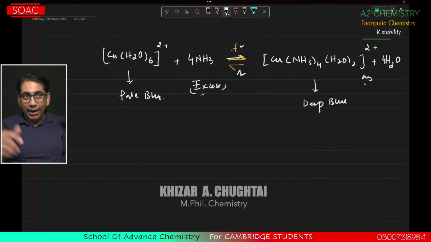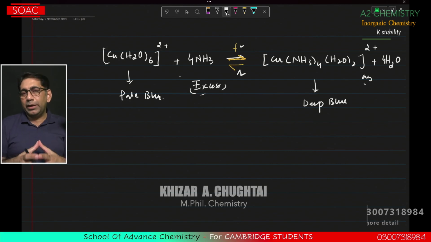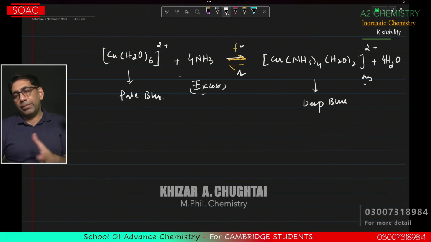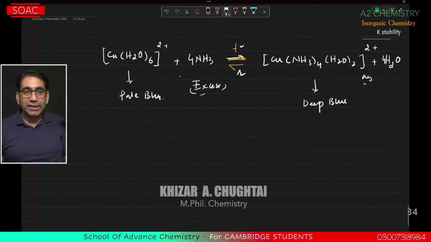So here we can write the expression of Kc for this reaction, which is called Kstab, K stability. In this way we call it K stability.